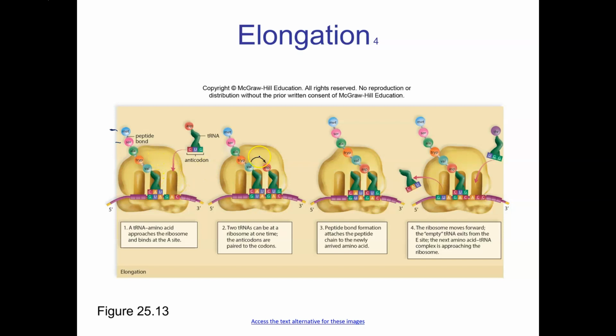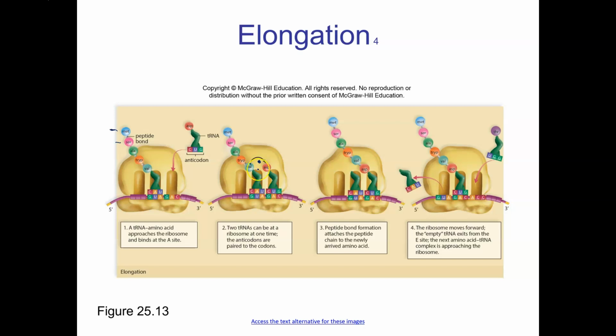Like you see here, in this case valine is in this first spot, and it's going to form a bond with asparagine. This bond is known as a peptide bond. And the entire sequence of amino acids is going to move over here to the second spot.